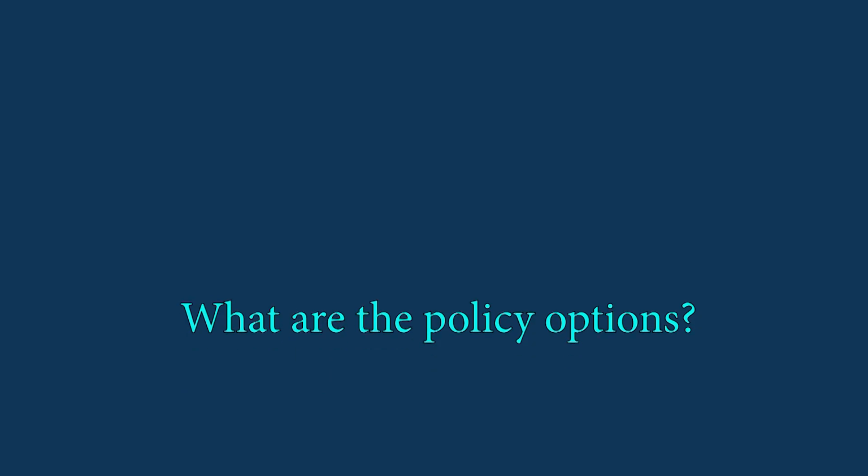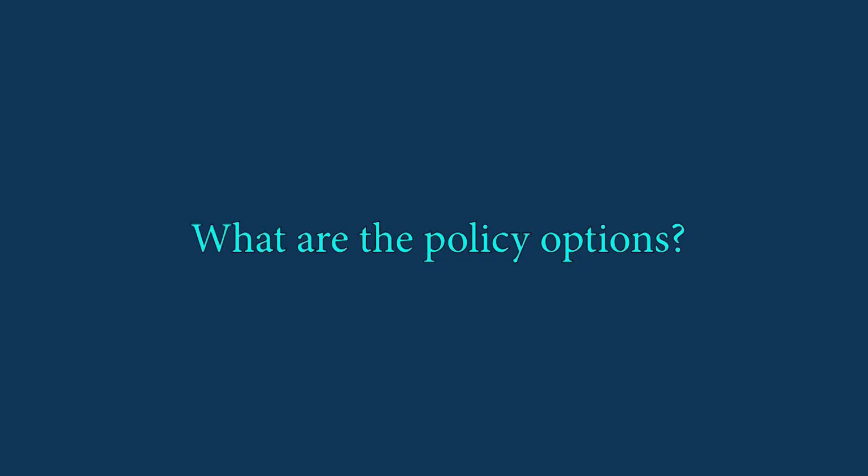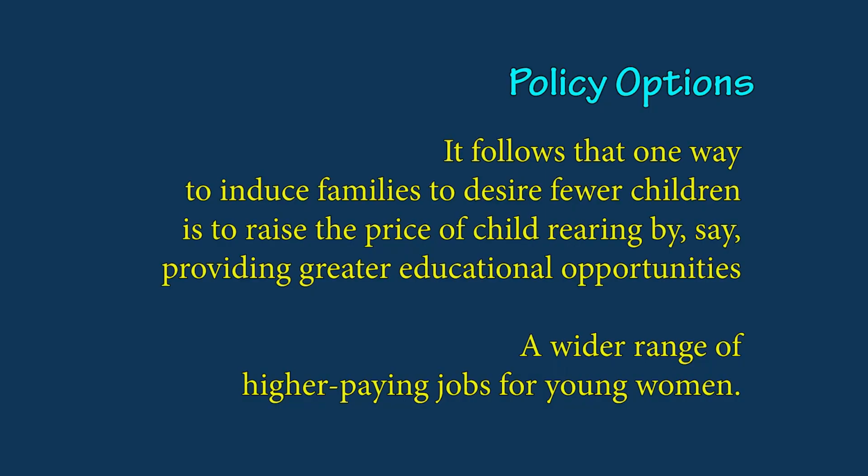Now, the next question is, what are the policy options we can think of? It follows that one way to induce families to desire fewer children is to raise the price of child rearing by, say, providing greater educational opportunities and a wide range of higher paying jobs for young women.